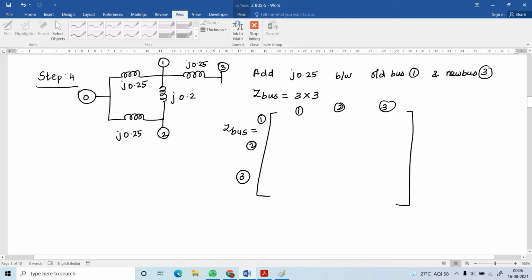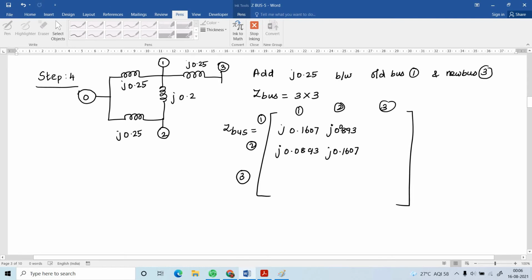So, old bus is J0.1607, here J0.0893, J0.0893, J0.1607. This is the old ZBUS obtained from the previous step.